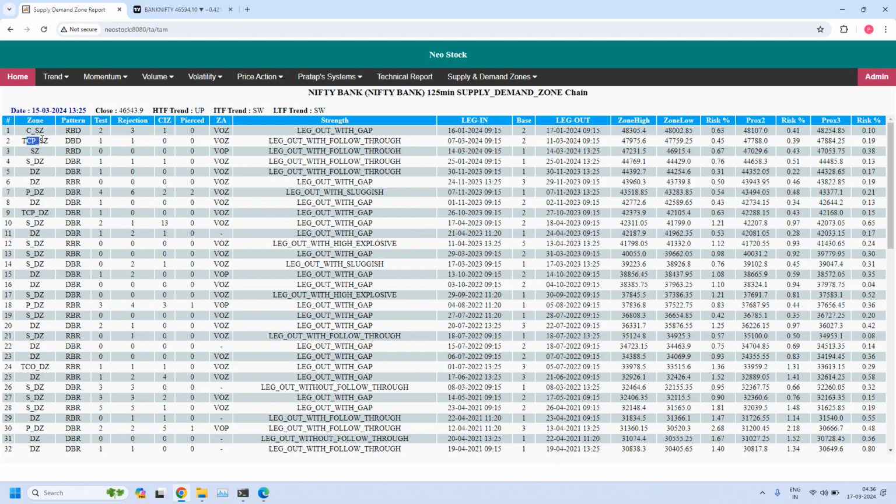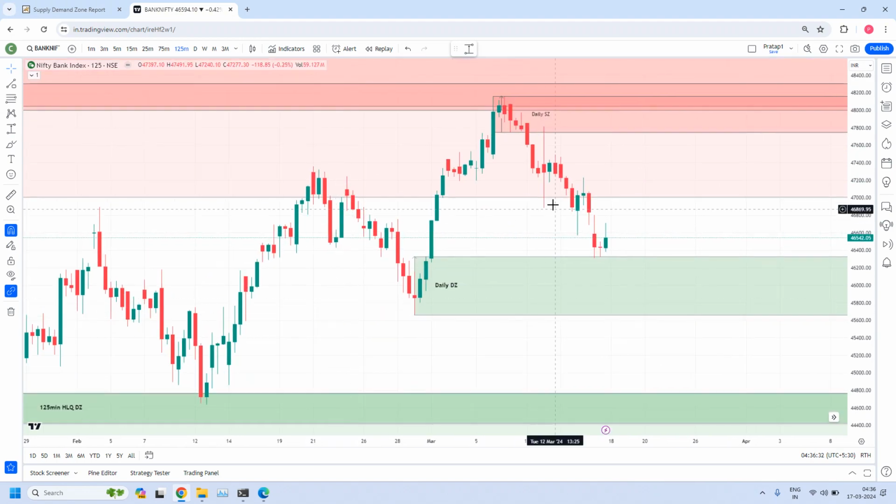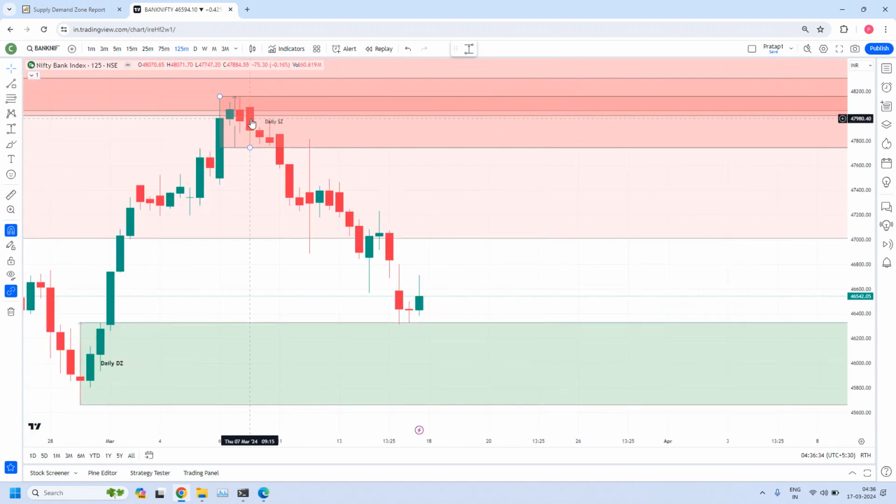There is one more high liquidity supply zone. This is a counter trend trade setup. It was created on 7th March 9:15, two base candles. This is the one. We have a drop, two base candles, and a drop.